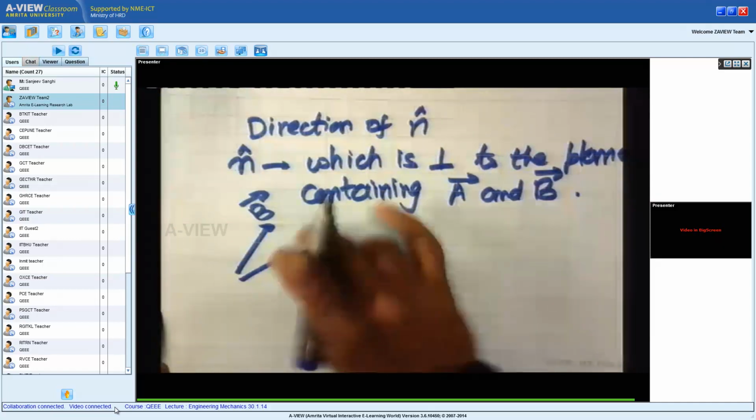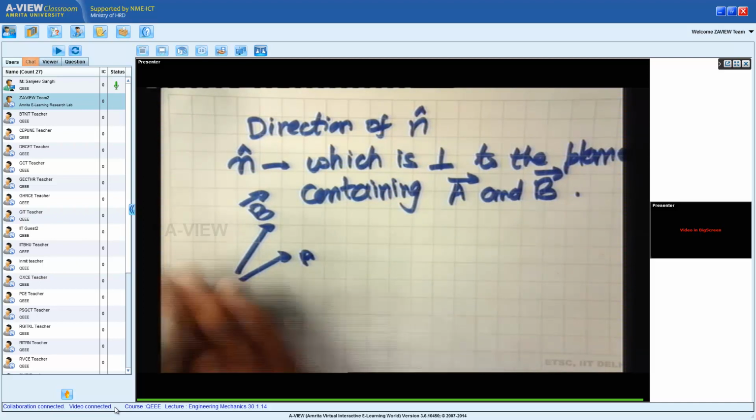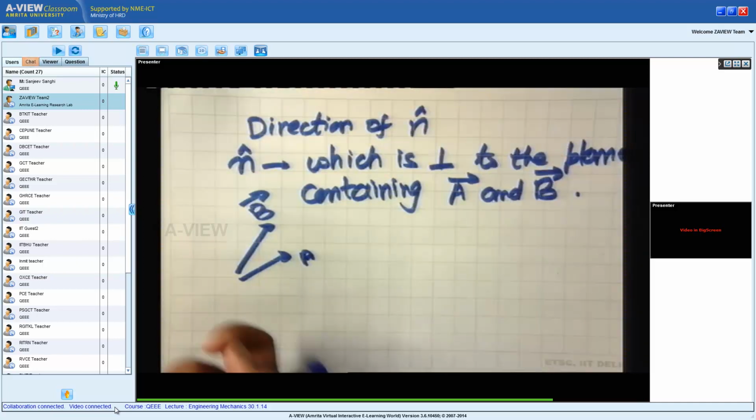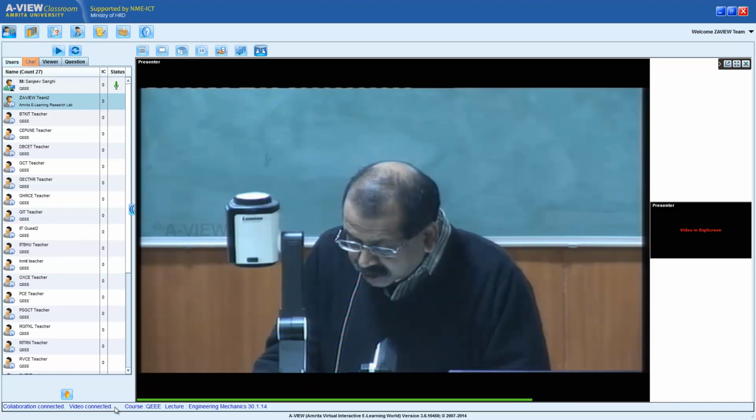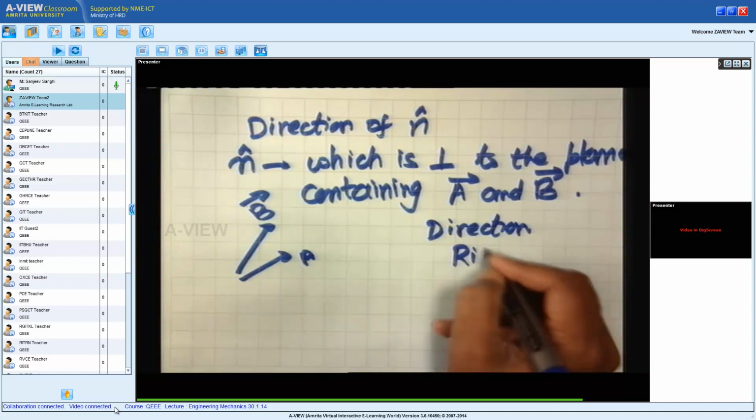The vector A cross B will be perpendicular to this plane. Now perpendicular to this plane, you will realize there can be two directions: a direction coming out of the paper or another direction going inside the paper. How do we decide which is the direction of n, coming in or coming out? This direction is decided by what we call the right-handed rule.